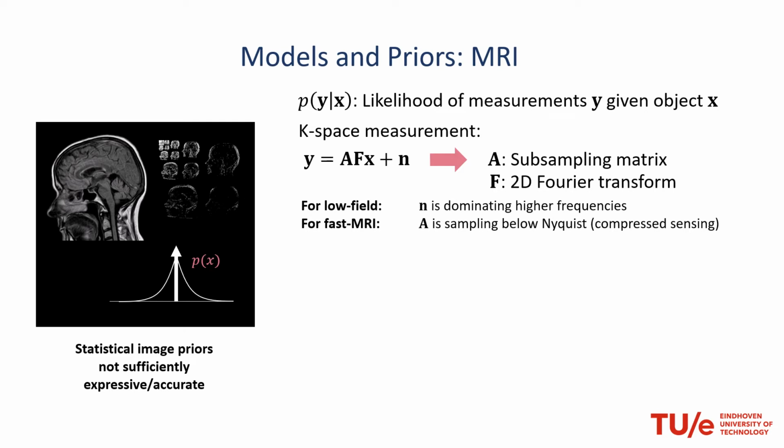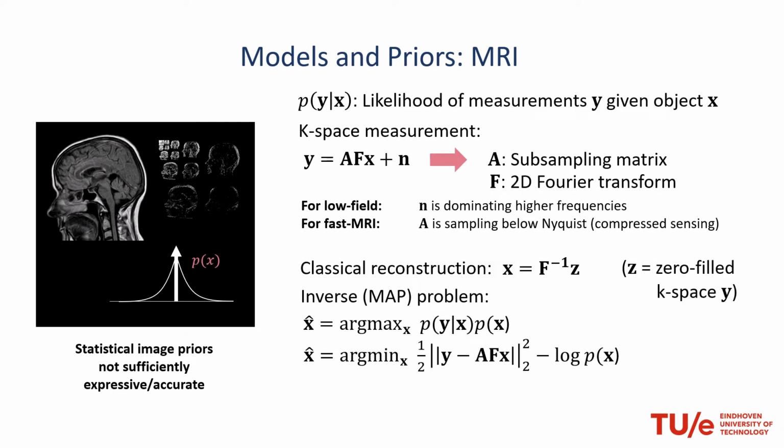So you can formulate the measurement as a linear problem where we have y equals A F x plus n, where we try to recover x from y under this subsampling matrix A and the Fourier transform F. And note that for low field, n is very strong, so n is a noise source that is dominating the higher frequencies. While for fast MR, A is a matrix that is sampling k-space below the Nyquist rate, so that's a compressed sensing setting.